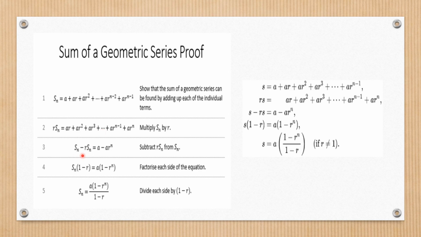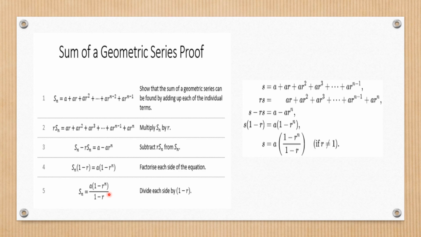Now we can take Sn common, it becomes Sn times 1 minus R is equal to A times 1 minus R raised to power n. And by dividing both sides by 1 minus R, I'll get the formula as Sn is equal to A times 1 minus R raised to power n upon 1 minus R. This formula holds good for R not equal to 1, that is for greater than 1 and less than 1 also.